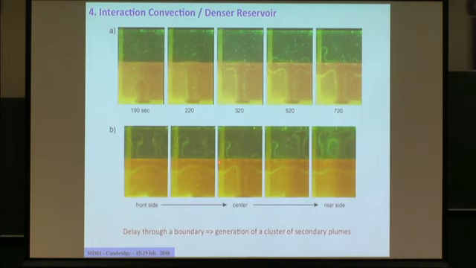So you can see that we have several of them, and they usually first originate on the edge, and that's because that's where you have the lateral boundary discontinuity.